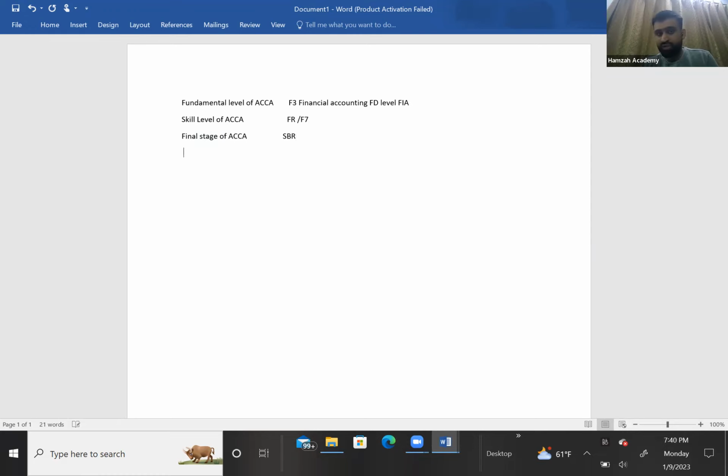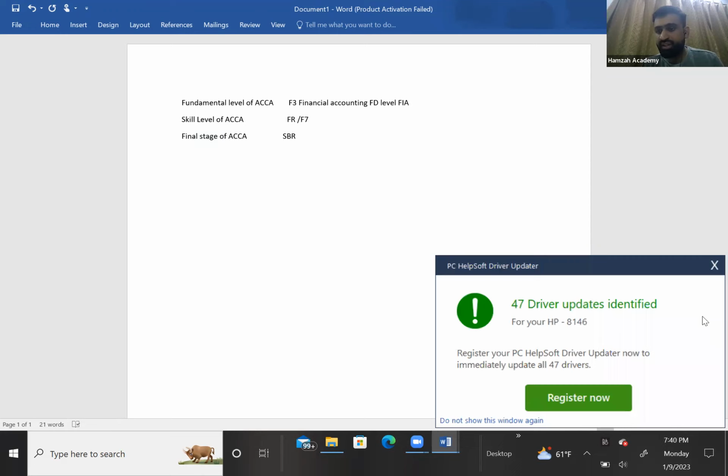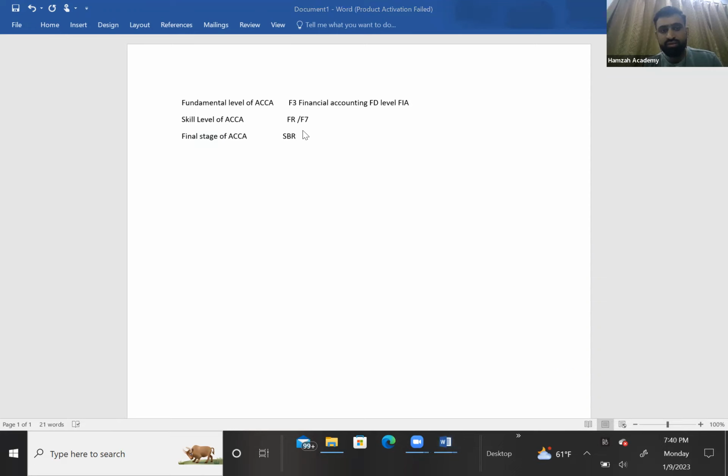But one more thing, after studying SBR, the journey will not stop here. We have another paper known as Advanced Audit and Assurance. It is also a final paper of ACCA, an optional paper.